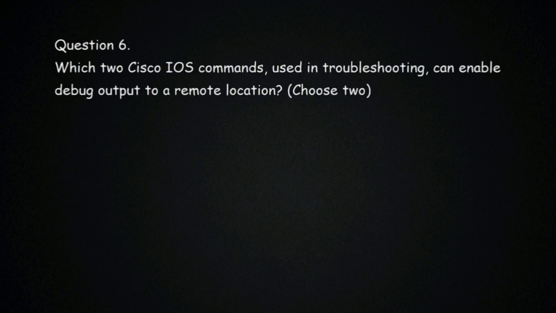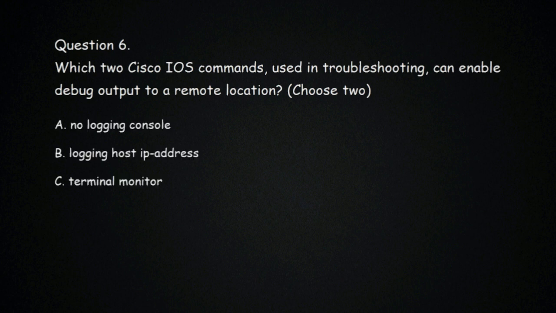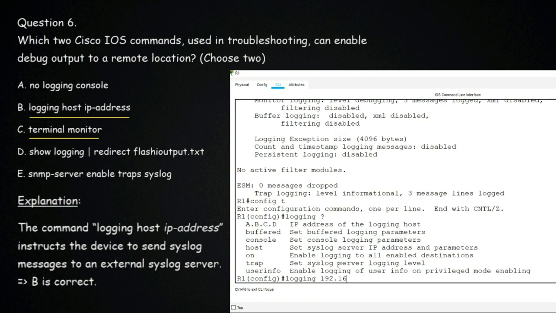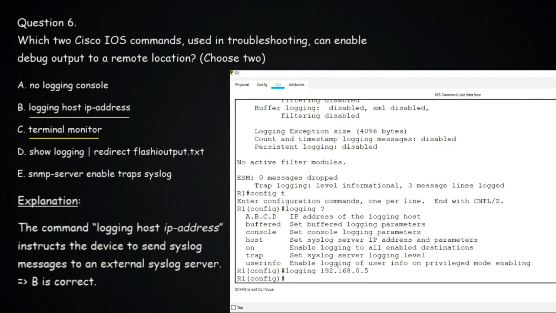Question 6. Which two Cisco IOS commands, used in troubleshooting, can enable debug output to a remote location? Choose two. Here are the options. Answer is B and C. The command logging host IP address instructs the device to send syslog messages to an external syslog server.